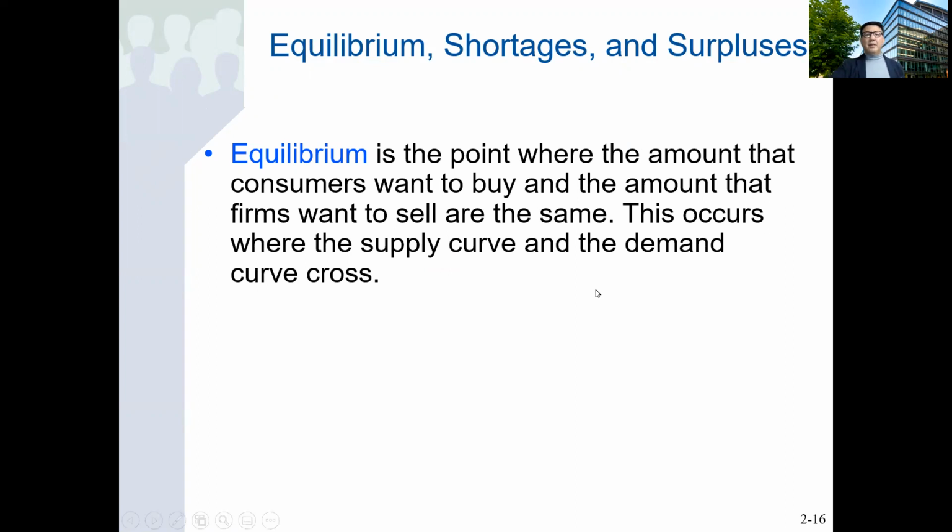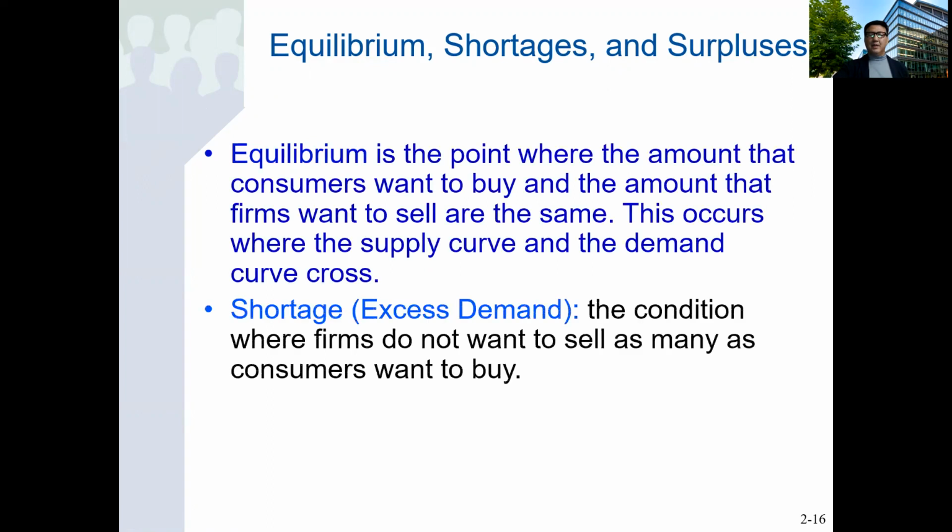Equilibrium is the point where the amount that the consumer or buyer wants and the amount that the firm or producer is willing to sell are the same. If you transpose the supply and demand, which I'm going to show you, you will reach a point of equilibrium. That's the magic point where the supply and the demand are equal.